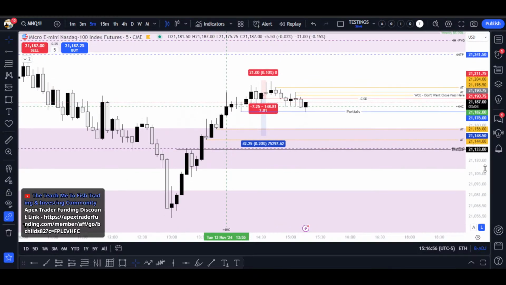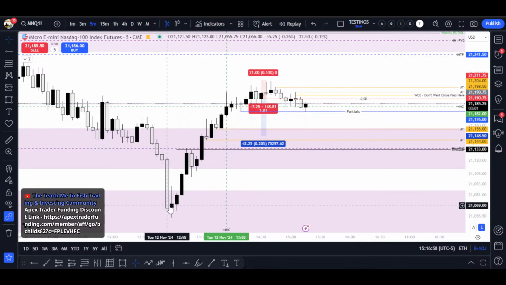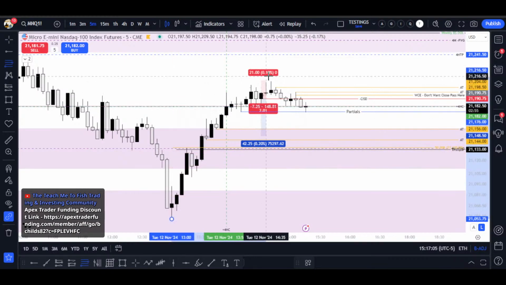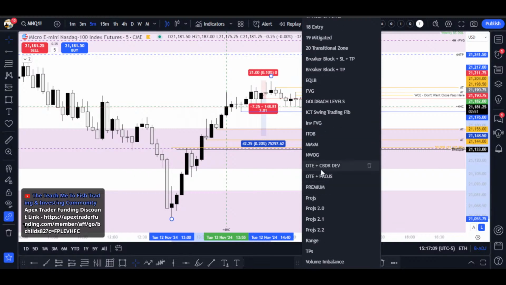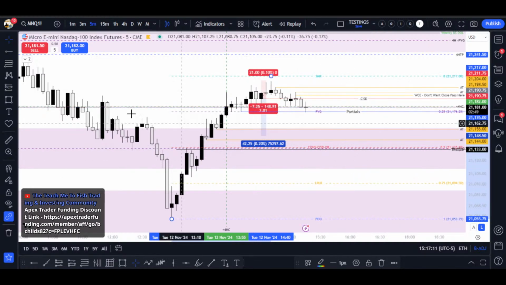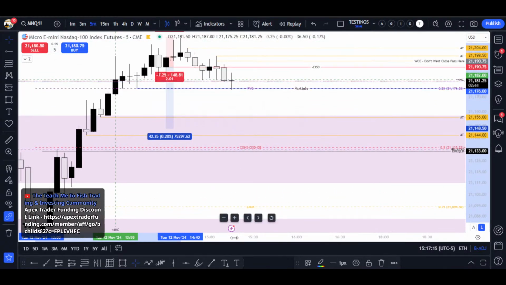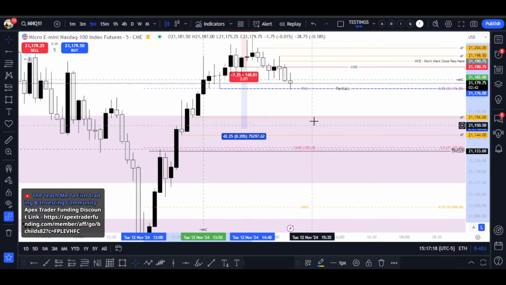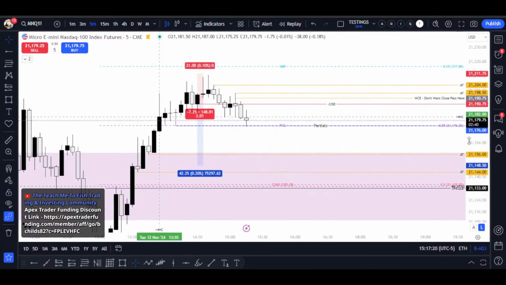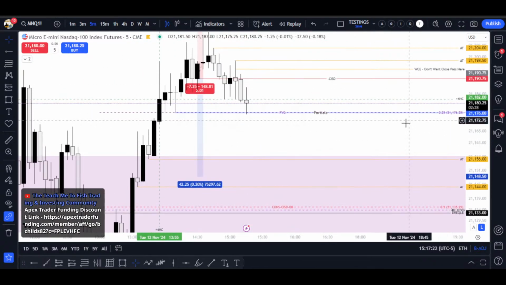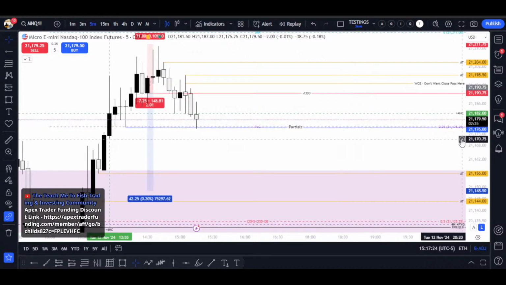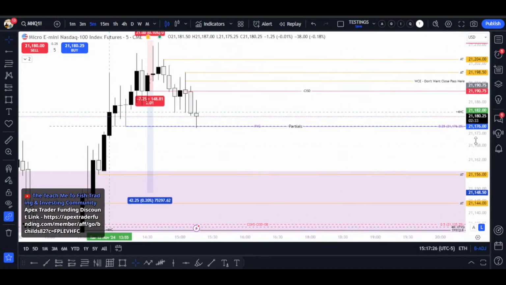And let's say this was a smaller market maker sell model, excuse me. Let's go ahead and throw that fib on here. You want to see a fair value gap created around 21,176.25.